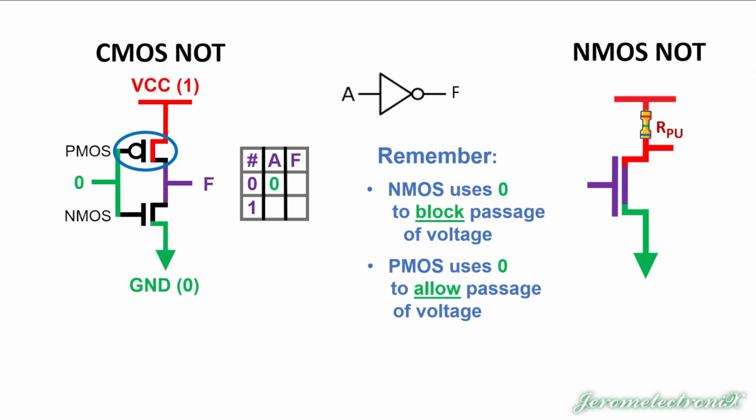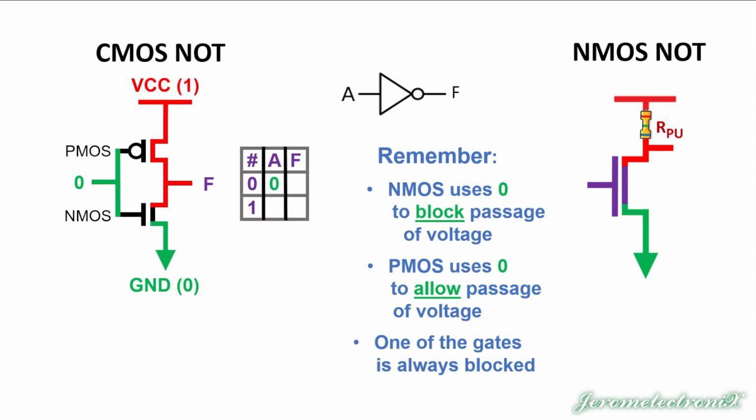You can see the voltage begin to pass because the 0 went into the PMOS, and now it's flowing. But it's blocked by the NMOS, and the benefit of having one of these gates always blocked is that you never connect power directly to ground, so we don't get fires.